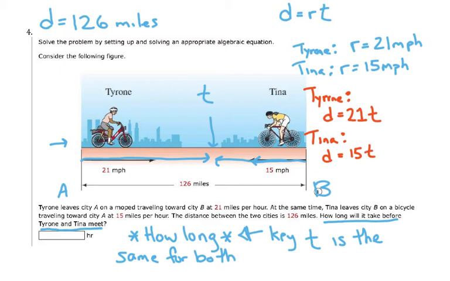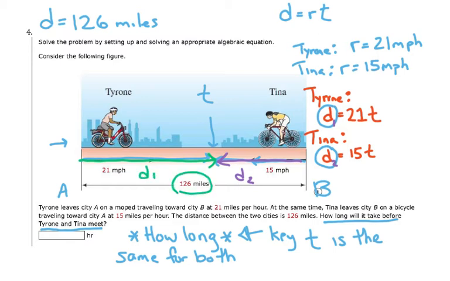Now here is another key. What do we know if we add up these two distances, which are different? We could call this one distance 1 and this distance 2. But whatever they are, Tina travels this far, distance 2, and Tyrone travels further because he's going faster, distance 1.